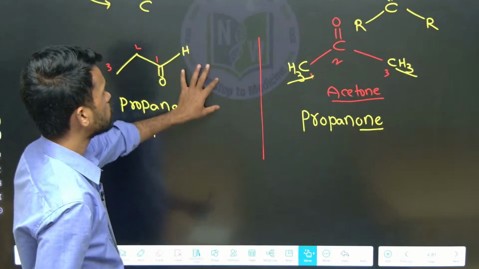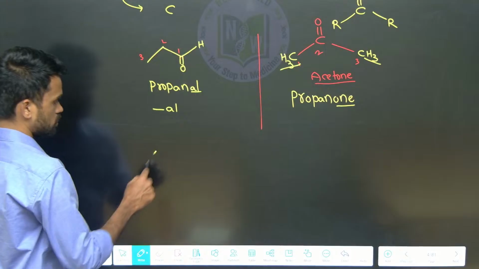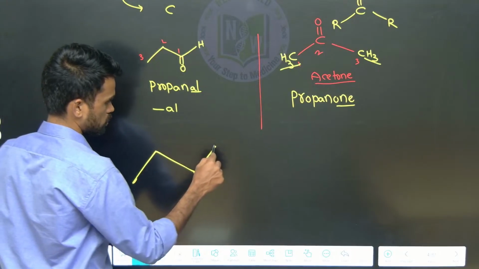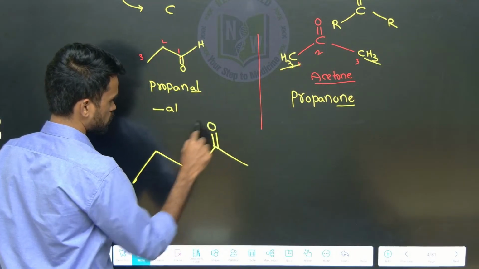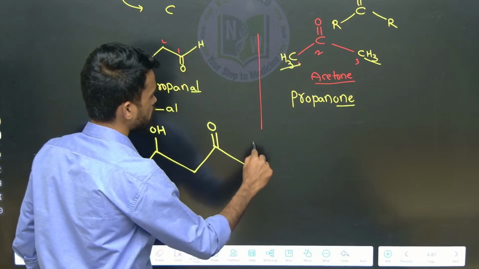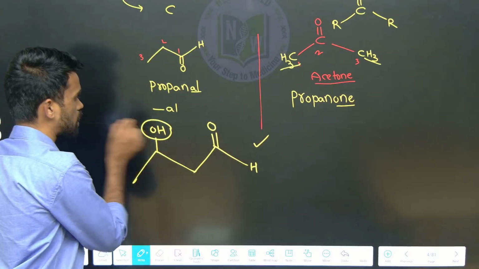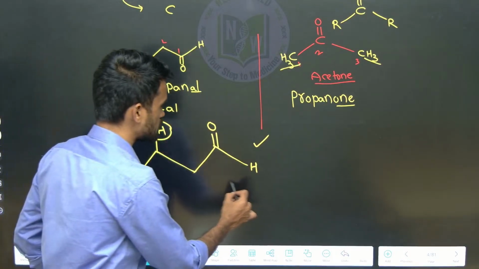Right. Now let us write a few more things here. What is the IUPAC name of this compound? Because in the last class we discussed alcohols, and now in this class we are discussing aldehydes.